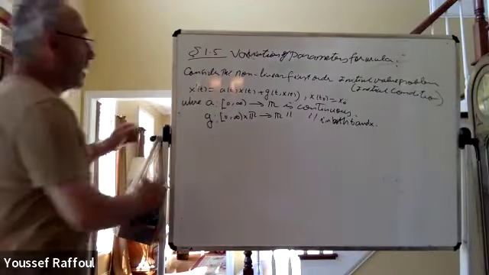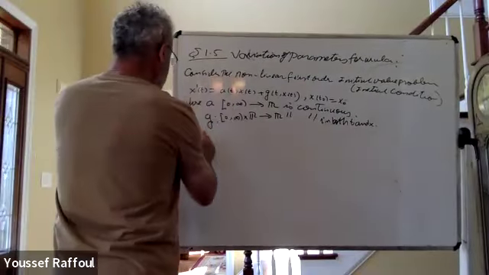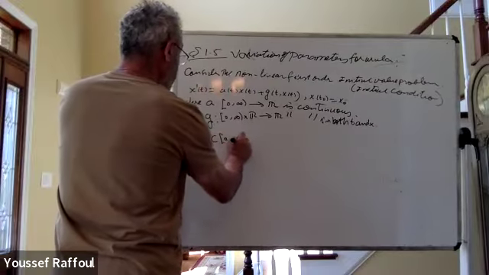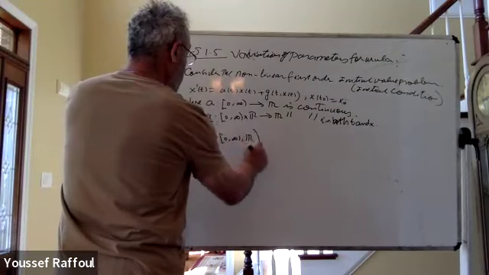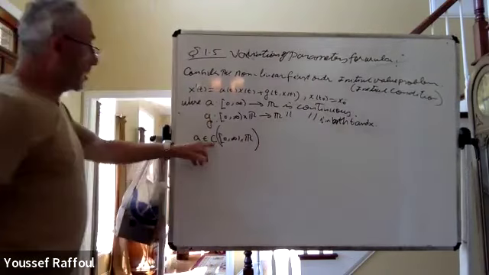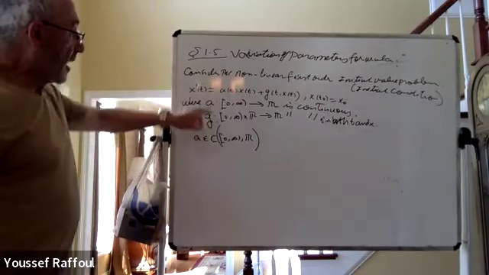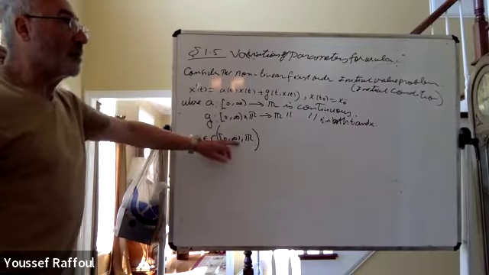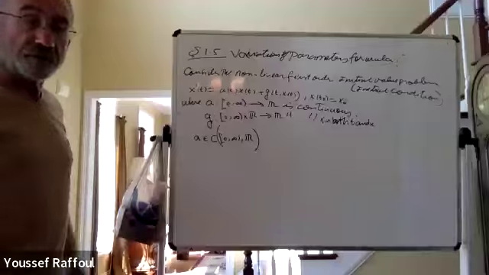Sometimes we use this notation: a belongs to C of 0 to infinity to R, to indicate that a is a function with the domain 0 to infinity into R that is continuous.